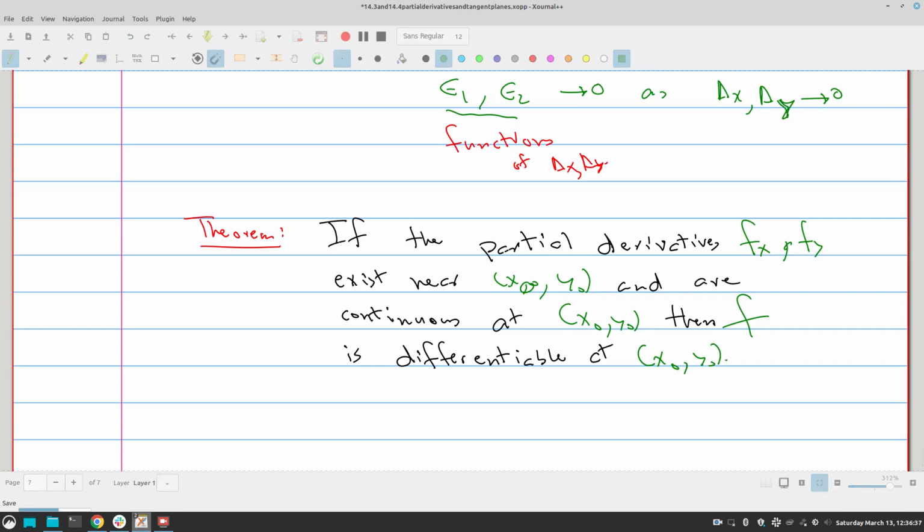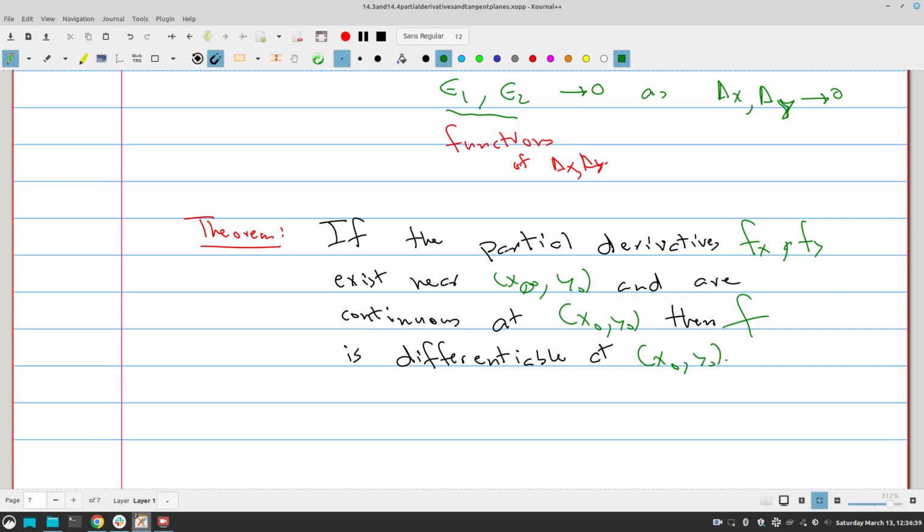So our definition basically told us that if the tangent plane is a good approximation for a function, then of course we call it differentiable. And this tells you that if the partial derivatives exist near x naught, y naught and are continuous at x naught, y naught, then f is differentiable at x naught, y naught.